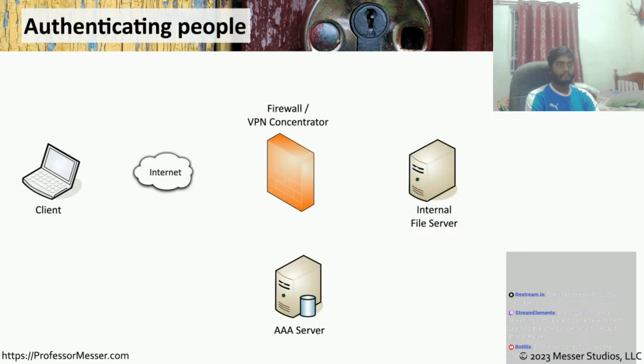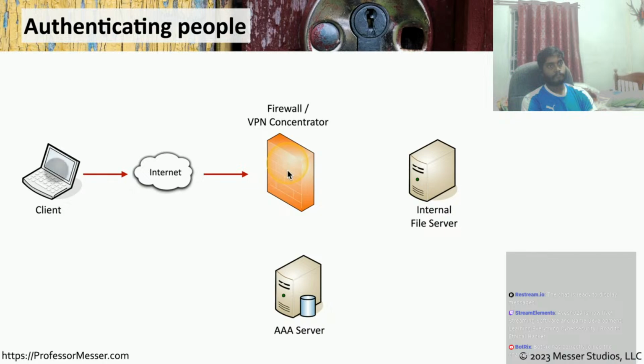Let's have a look at a practical example of using AAA. We're going to use the example of logging into a VPN server. In this case, it would be a firewall or VPN concentrator in the middle. You're on one side of that concentrator, and you need to use AAA to gain access to an internal file server. So we'll start with our client on the internet, and we'll access the VPN concentrator, which prompts us for a login.